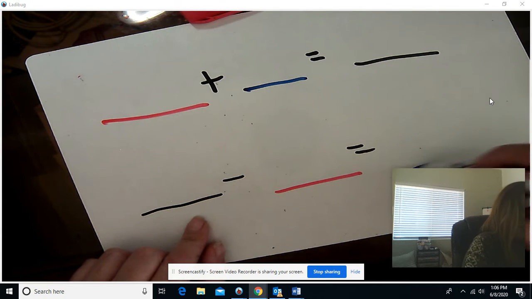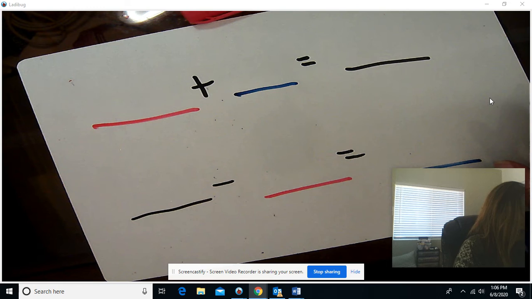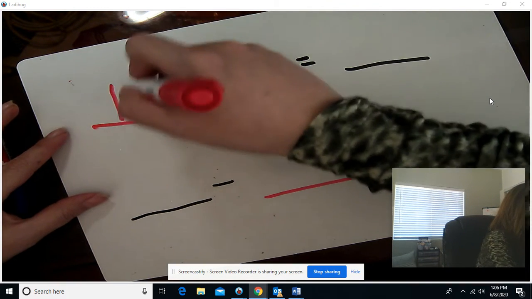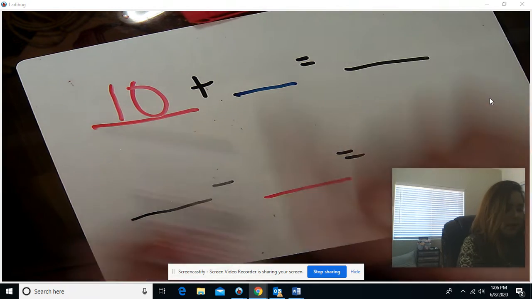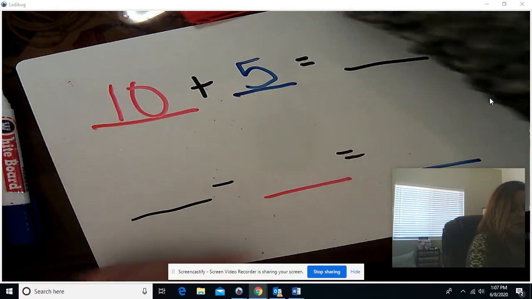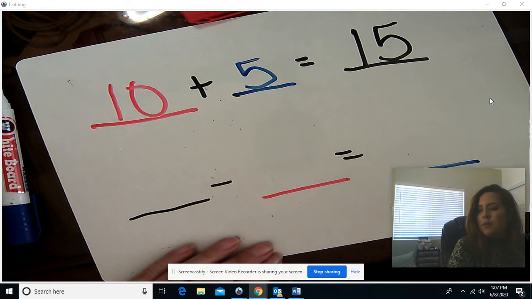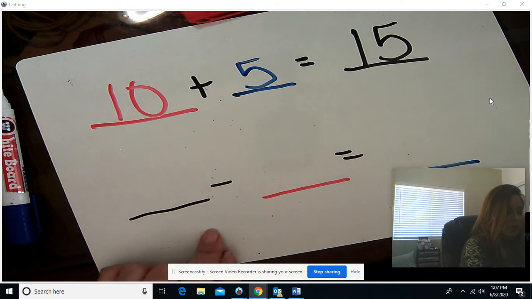equals baby bear, right? So if, for example, I had the number 10, so baby bear 10 and baby bear 5, that equals mama bear 15, right? But if I have subtraction, we're going to start with mama bear.